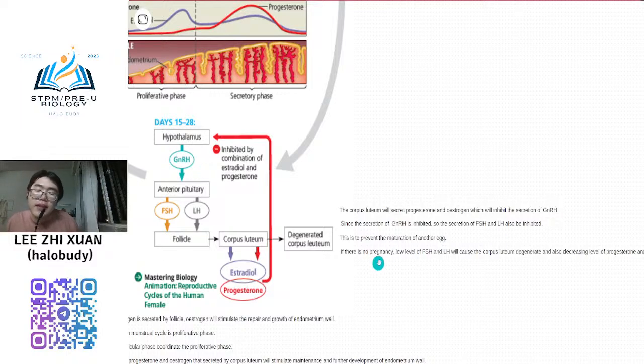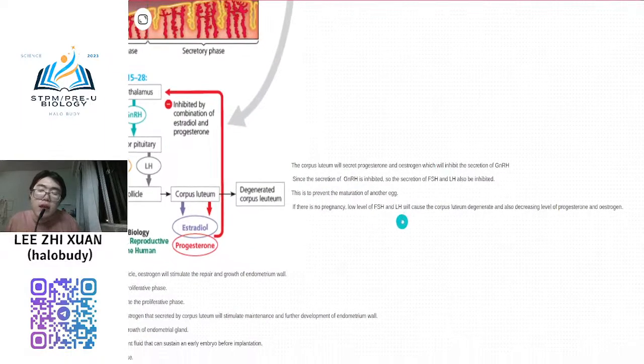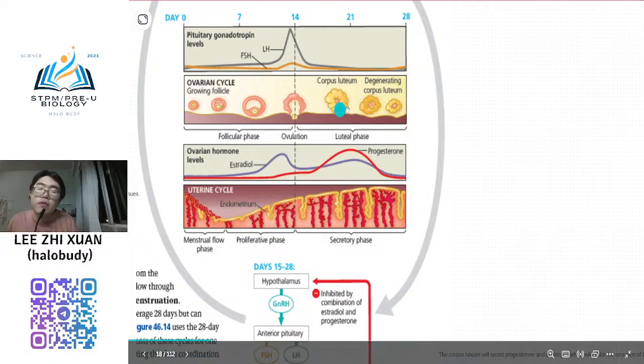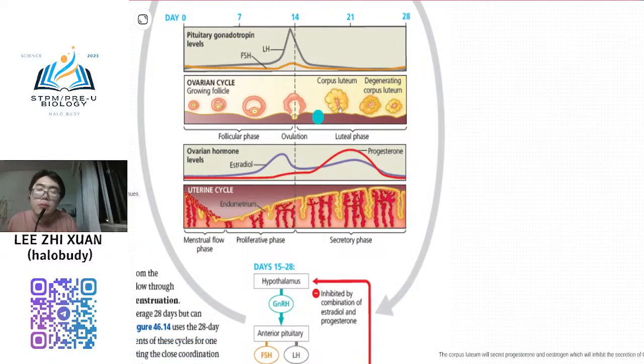Okay, if there is no pregnancy, the low level of FSH and LH will cause the corpus luteum to degenerate, and the level of progesterone and estrogen will decrease. So if there is no fertilization process, the corpus luteum will be degenerated. Once the corpus luteum is degenerated, your progesterone and estrogen level will decline also.